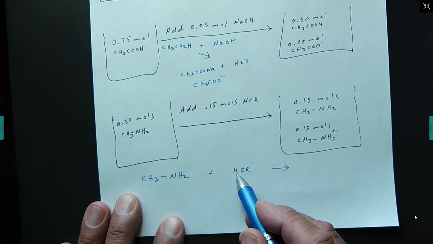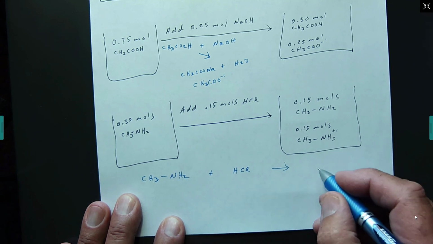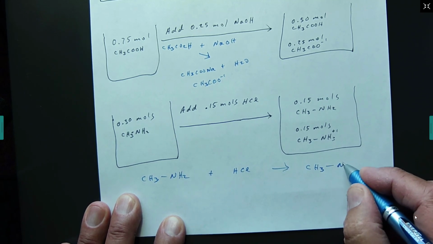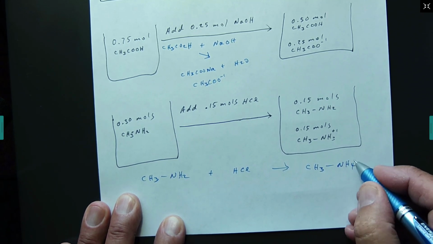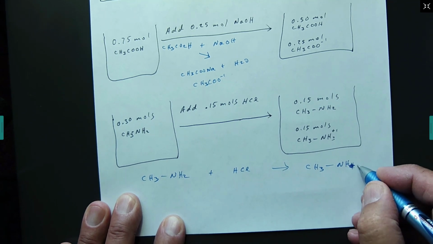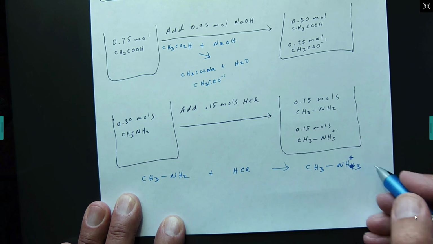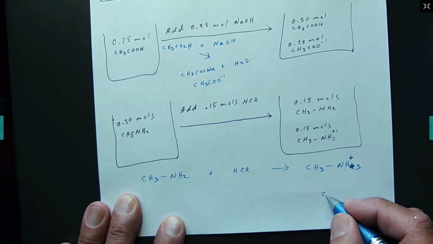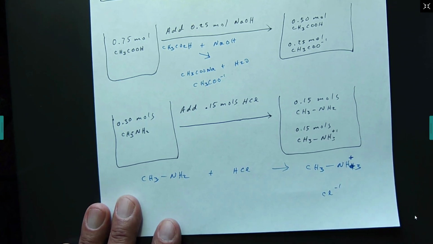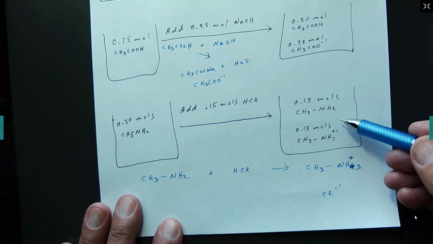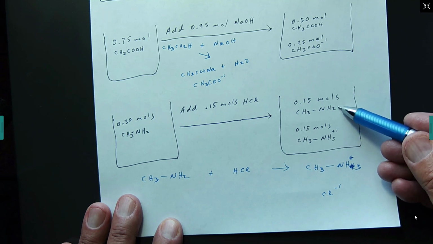That proton gets transferred over here. So I end up making the methylammonium ion, and I'll have my chloride ion as my counter ion. I got a pretty reasonable concentration of both the weak base and the weak acid.